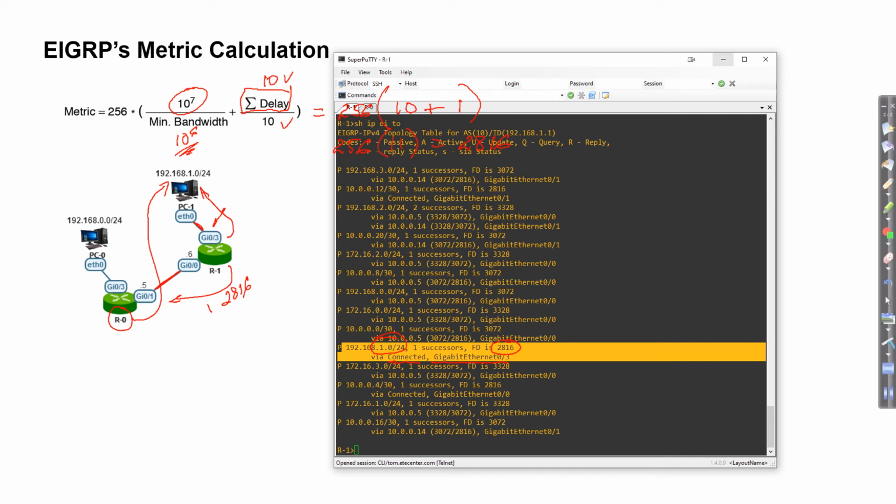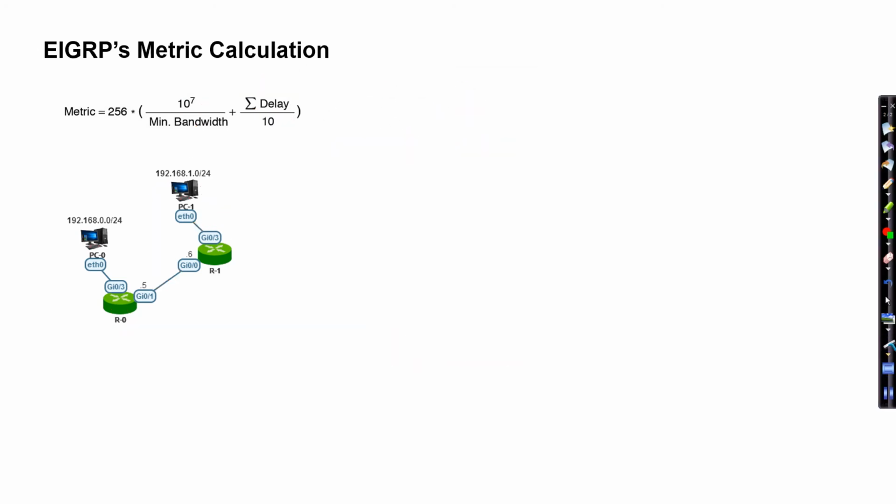So let's write this and calculate the cost from router 0 to router 1 for that network. Again, router 1 advertised a cost of 2816. Since both interfaces are gigabit, the bandwidth is no longer in play.